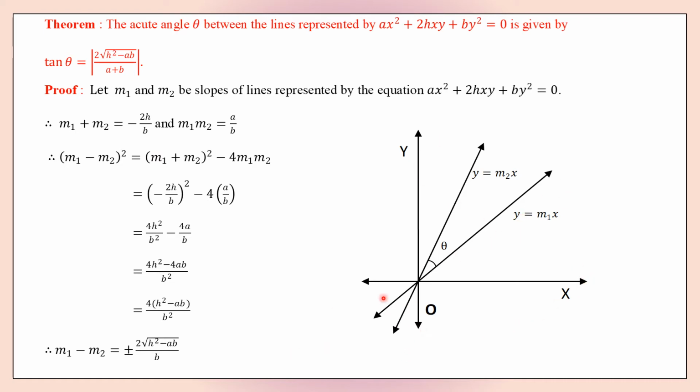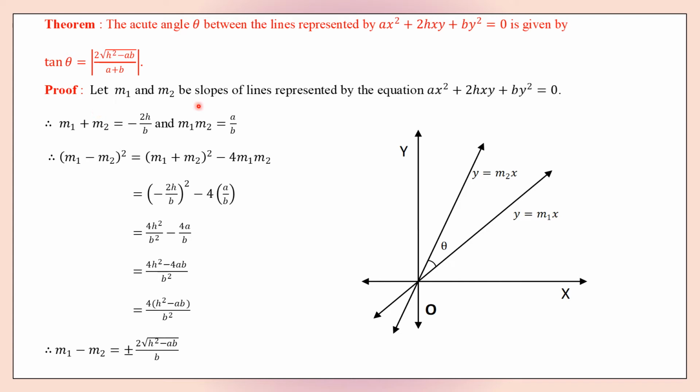Here is the Cartesian coordinate plane, here is the first quadrant. The first line passing through the origin is y = m1x. The second line passing through the origin is y = m2x. Their joint equation is ax² + 2hxy + by² = 0. We find the angle between these two lines, that is theta.